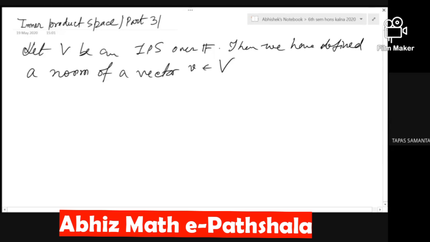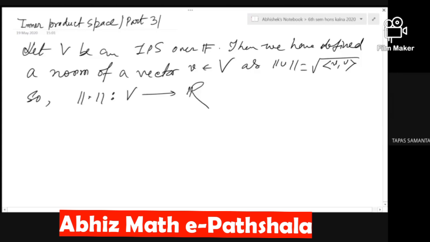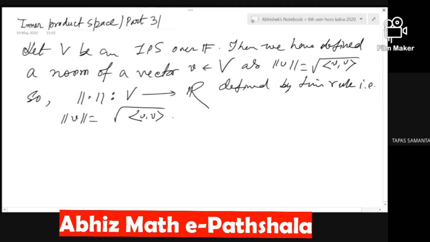For V belonging to V, the norm of V is the non-negative square root of the inner product V comma V. So this function is a function from the inner product space V to the real number set R, defined by this rule, that is norm V equals root over inner product V comma V.